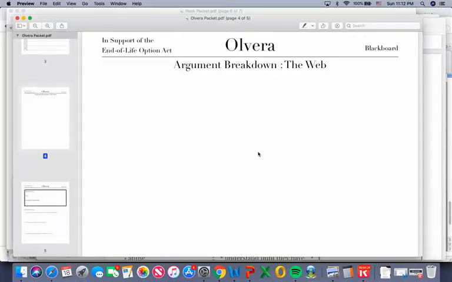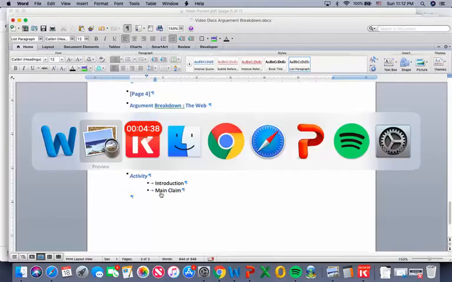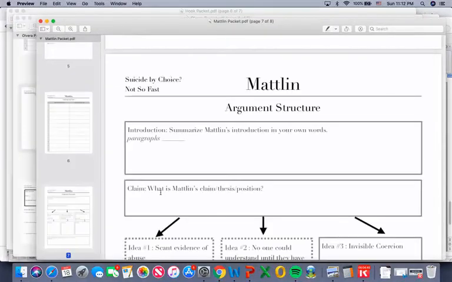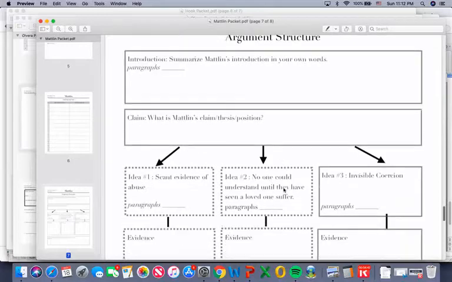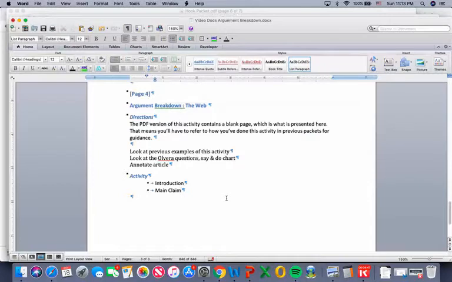Let's go back to my Word document and structure it so that I have an introduction, and then a main claim. I looked really quickly at the other examples to see if there was a heading for where they put the ideas.